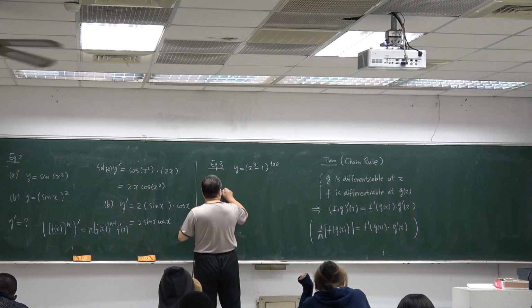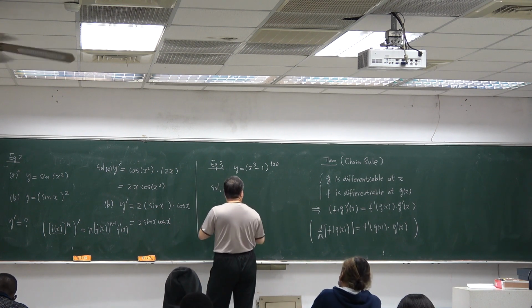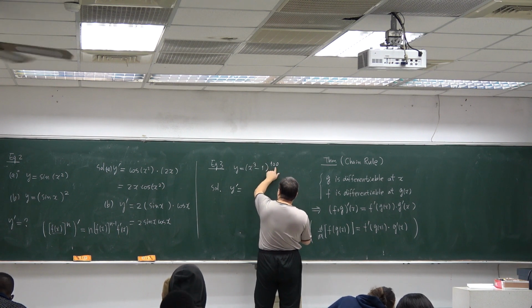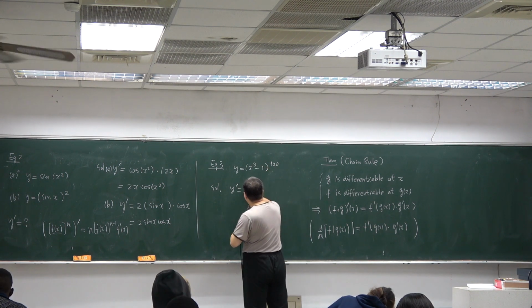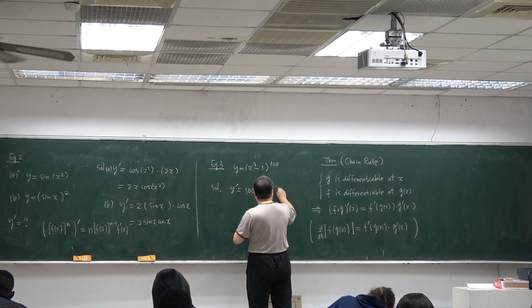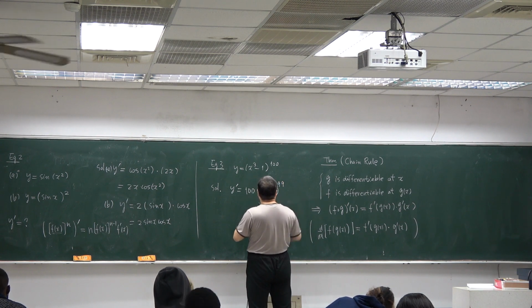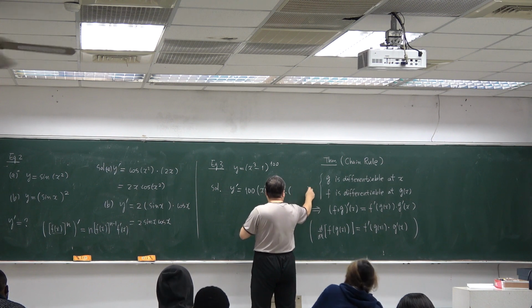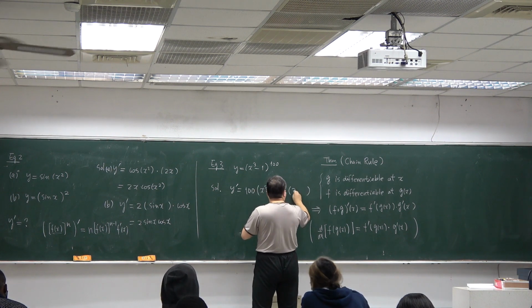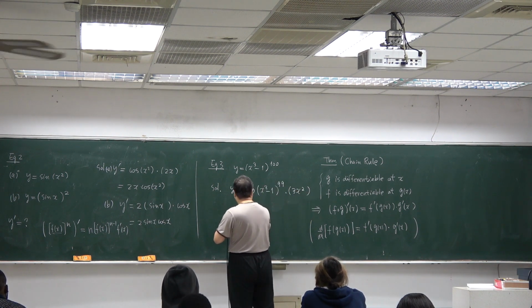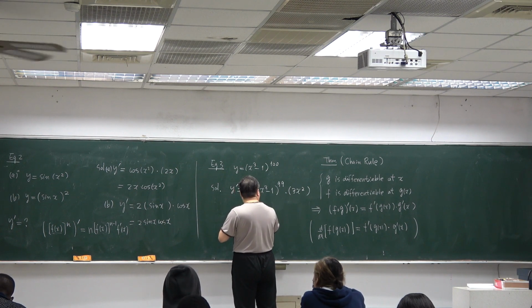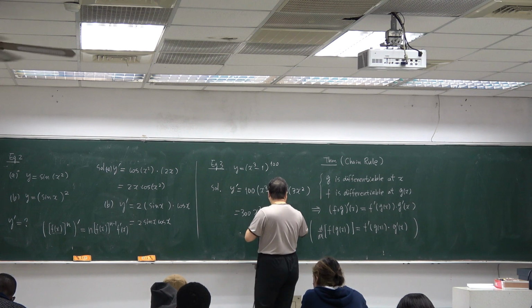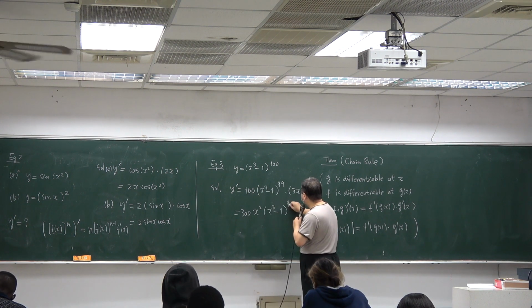Anyway, y prime equals, back to this first, then the last, equals the 199th power times the derivative of this one, which is 3x squared. So 300x squared times x cubed minus 1 raised to the 99th power.